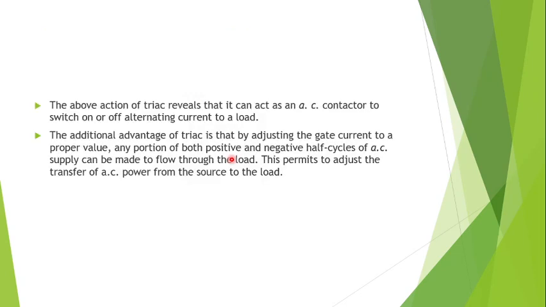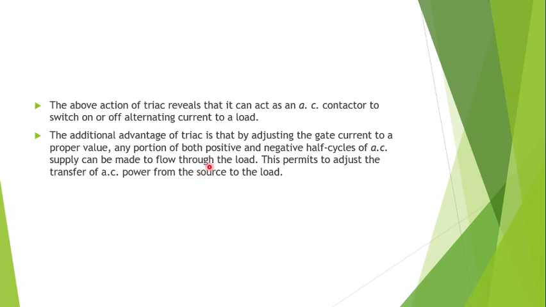Now, from the above discussions, we can note two things. The TRIAC can act as an AC contactor to switch on or off an AC load. So that means it can be used as a switch, just as an SCR is used as a switch.